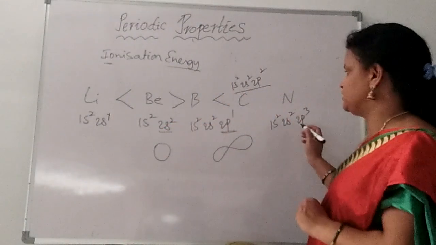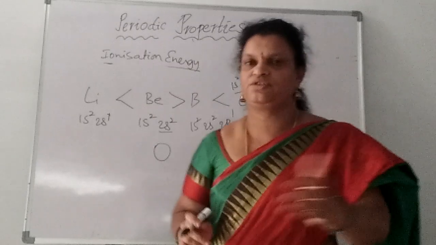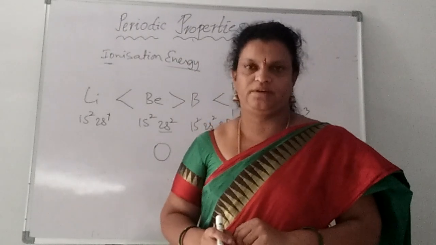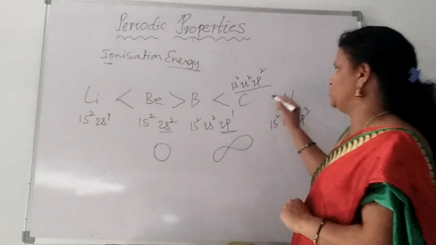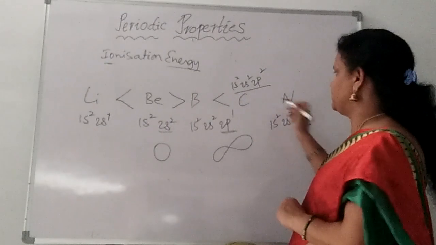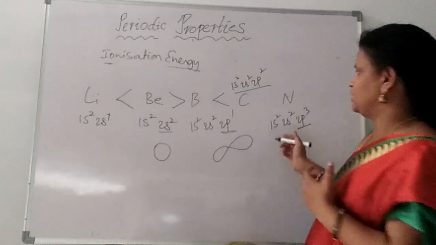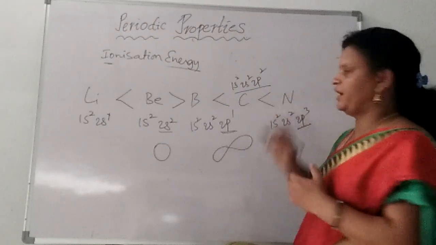That is why it is not easy to remove an electron from nitrogen. Nitrogen will not agree if anybody wants to take away one electron from it. Compared with carbon, nitrogen has the half-filled configuration, so it is not that easy to remove the electron. That is why it is greater for nitrogen.